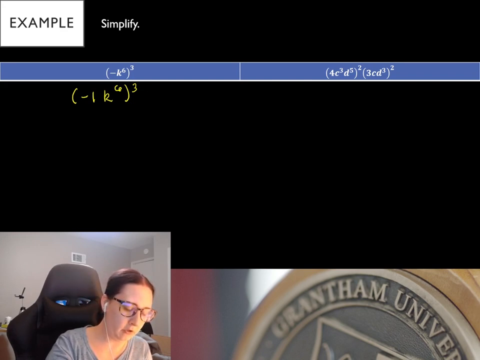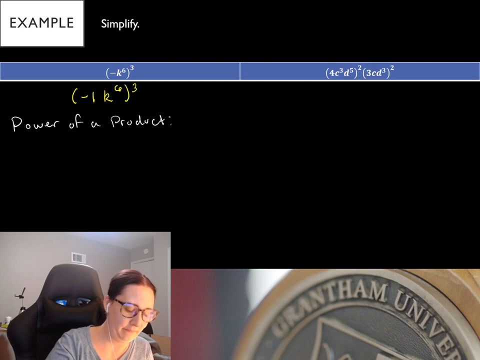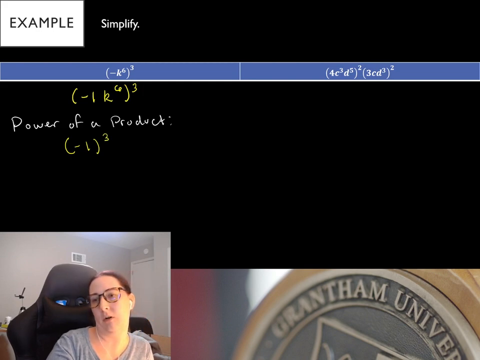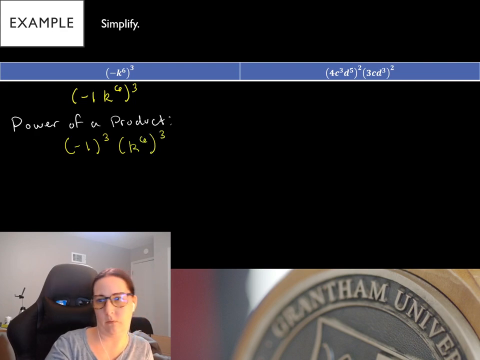So we're going to use the power of a product rule. So the negative 1 is going to have an exponent of 3. And then k to the 6th has an exponent of 3.